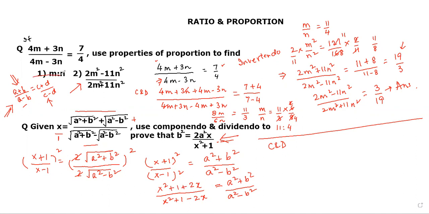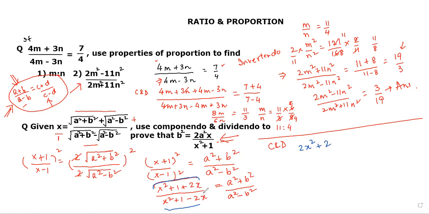Again, come back to this formula. A plus b. I'm going to add the denominator in the numerator. Let me change the color. This entire thing is A, and this entire thing is B. I'm going to add A plus B. So what I'm going to get on the left-hand side is 2x squared plus 2, right?